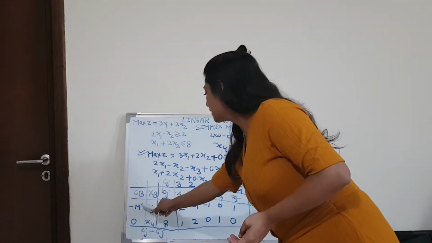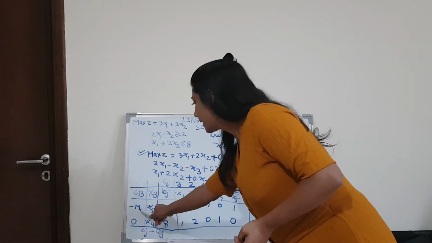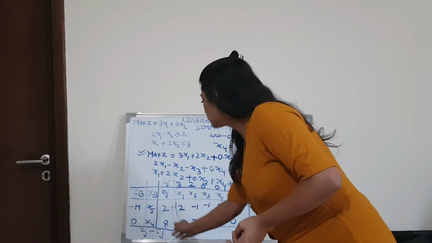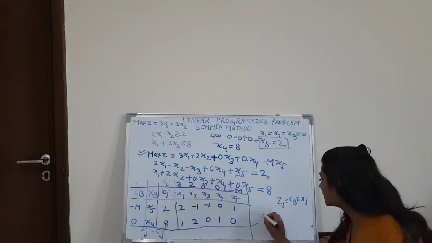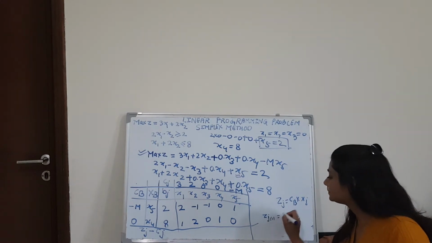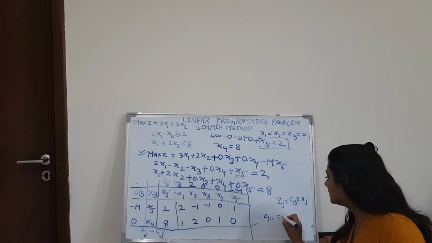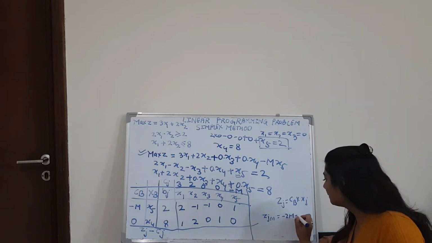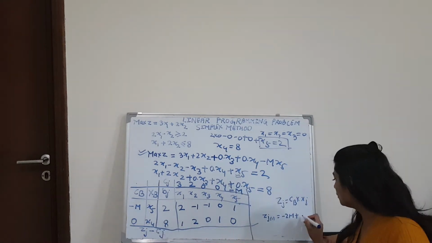We multiply Cb into Xj for the first column x1: minus m into 2, which is minus 2m, plus 0 into 1 is 0.